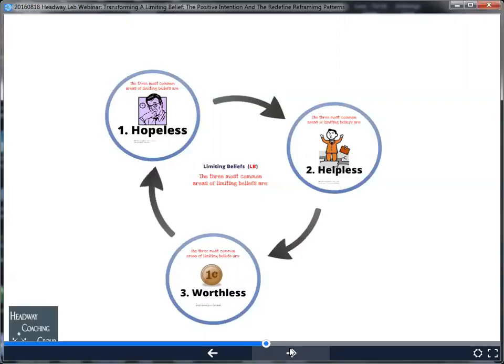So helpless, I wouldn't say it's easy to reframe or easy to work with, but in terms of hierarchy, it's on a lower level. It means that you'll be dealing with the level of capabilities, the level of behaviors. And when it comes to hopeless, you will be dealing with the level of values and beliefs.